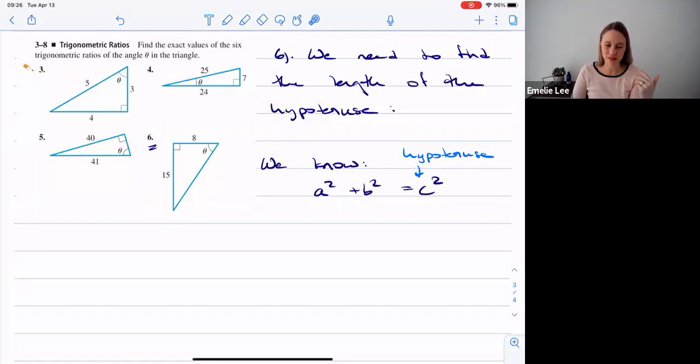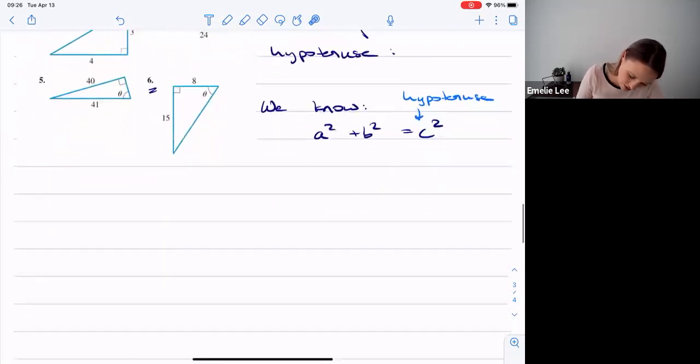It actually doesn't matter. So what we're saying is that 8 squared plus 15 squared, or 15 squared plus 8 squared, notice that they're the same, must be the length of the hypotenuse squared. So I have to take the square root to solve for the length of this hypotenuse.